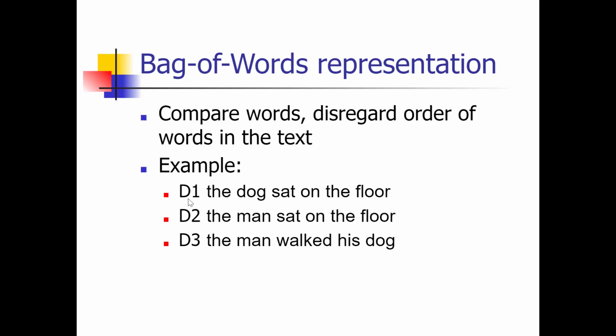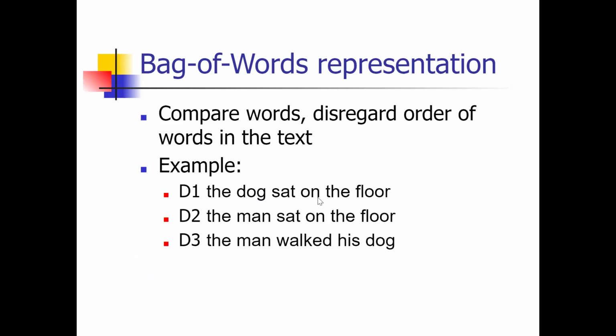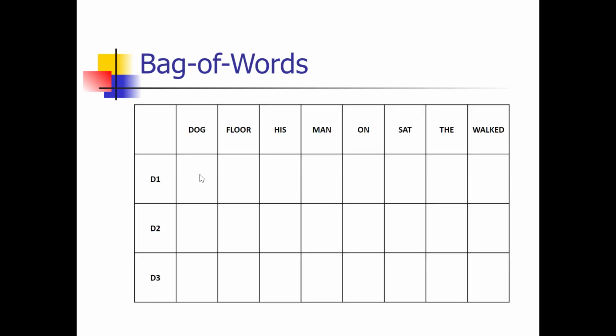Right. Once you do that, usually we get this, and then we have the documents. In the simple one, we can have the frequency, for example, how many times the word appears. If you look at the first record, the dog sat on the floor, we have dog, floor, on, sat, the.